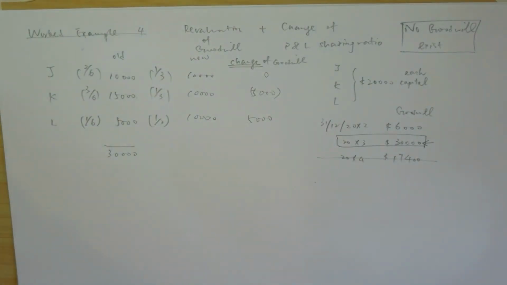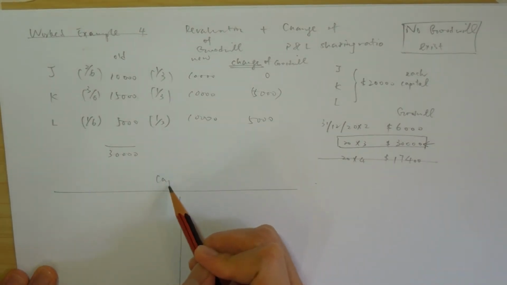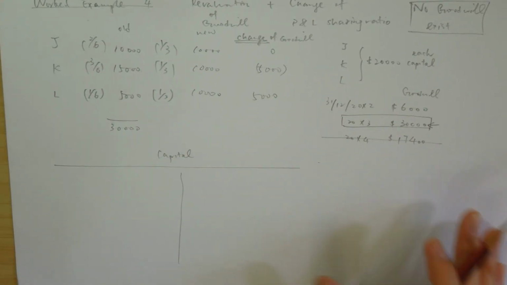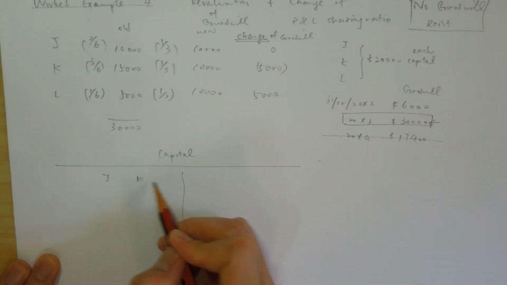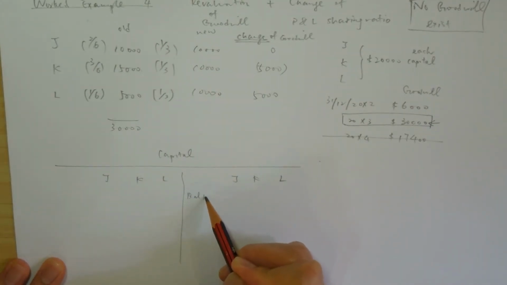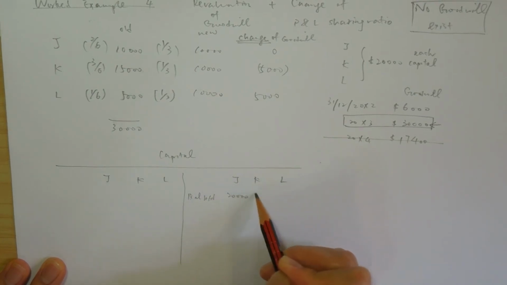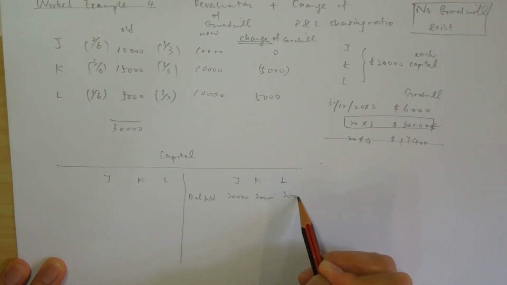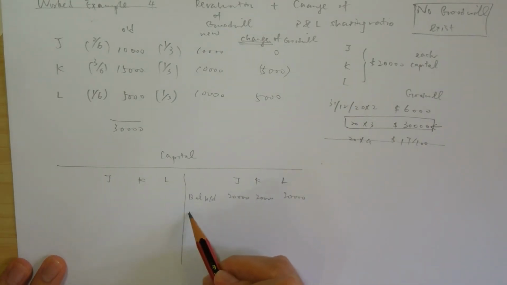Okay, so we take a look at the capital account, and let's see what will be the changes over there. For the capital of J, K, L, remind you each has the balance brought down 20,000. And then we have the goodwill adjustment.